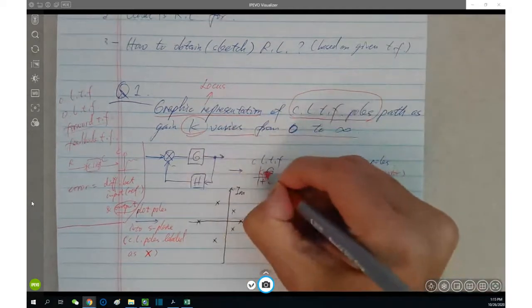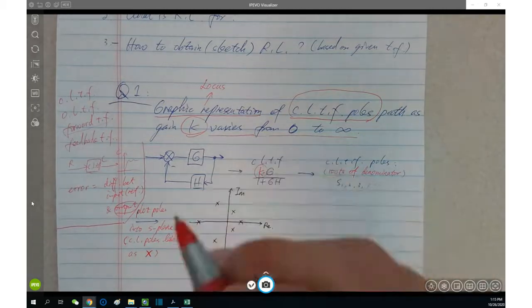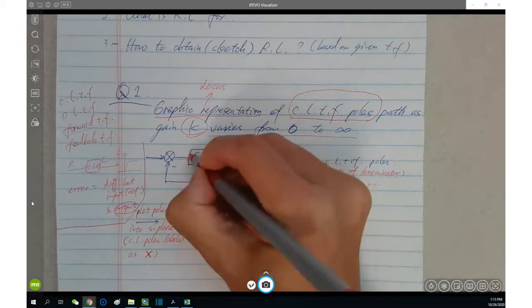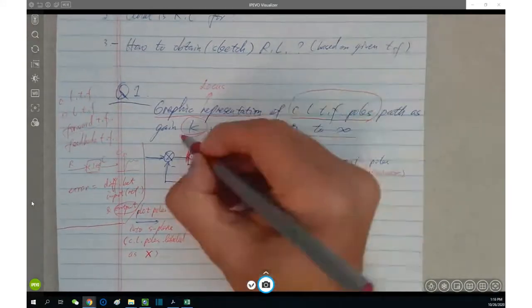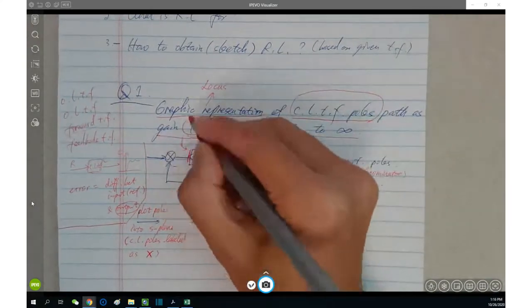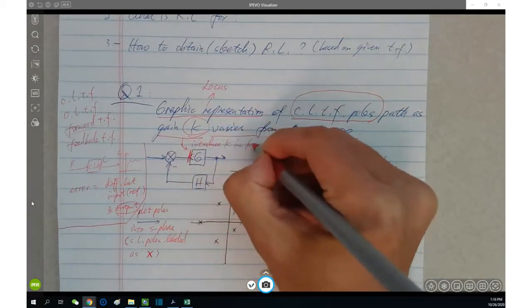You're introducing k here, which is the gain of the total closed loop transfer function. You introduce a k here, and also you vary the k from 0 to infinity. Now, actually, how we introduce k is: introduce k here, along the forward path. Introduce k in the forward path.